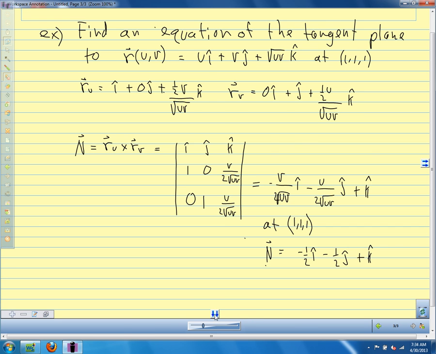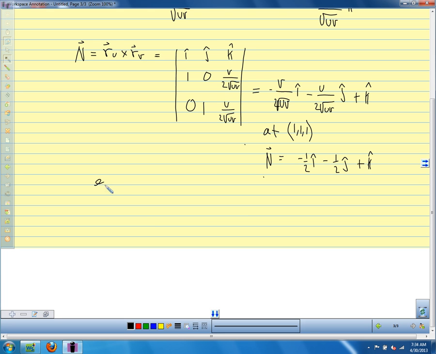So our equation for the plane is going to be minus 1/2 times x minus 1, minus 1/2 times y minus 1, plus z minus 1 equals 0, since we know 1, 1, 1 is on our surface.